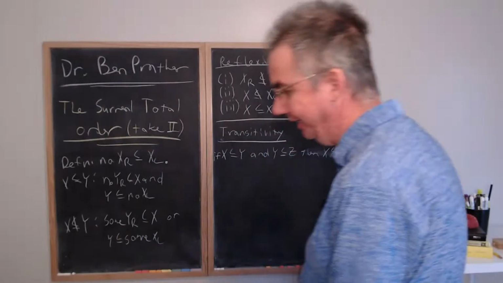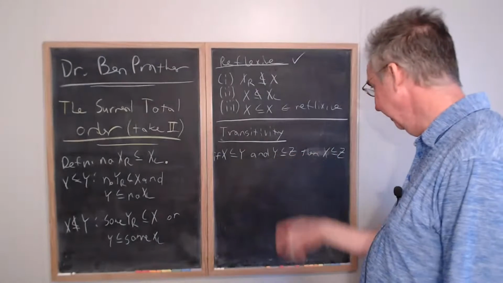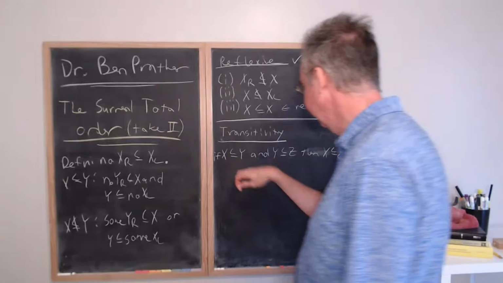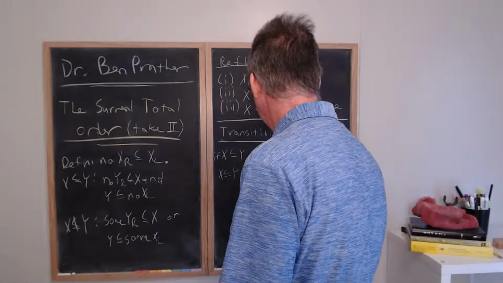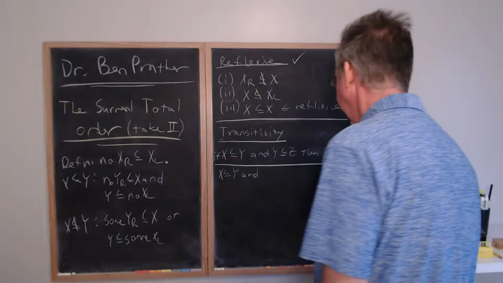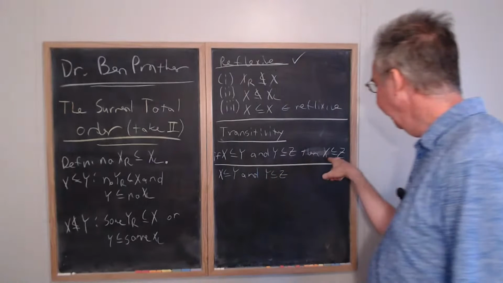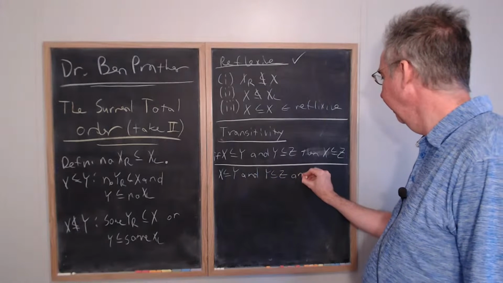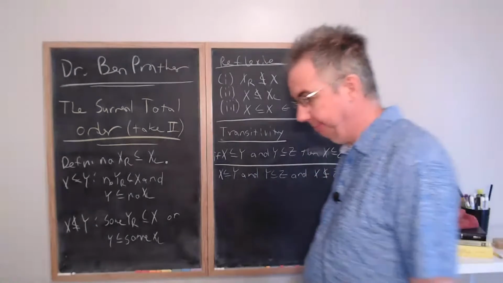We're going to assume the negation and then show that that leads to a contradiction. So the negation of an if-then statement is we're going to assume that all these things are true, but then we have to negate that one. And x is not less than or equal to z.